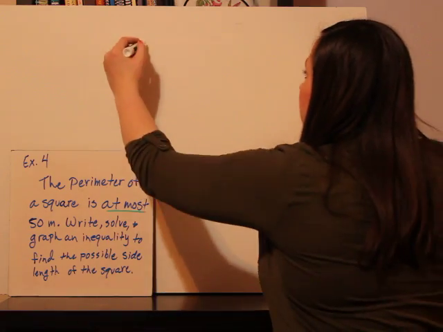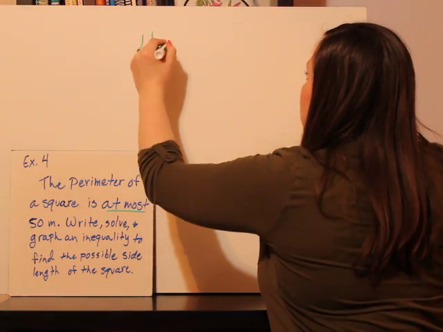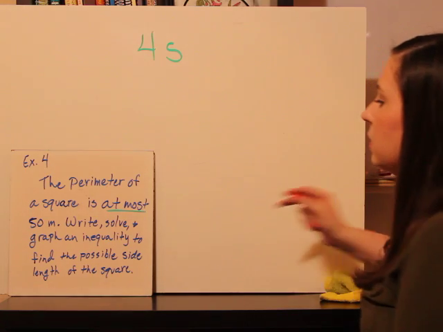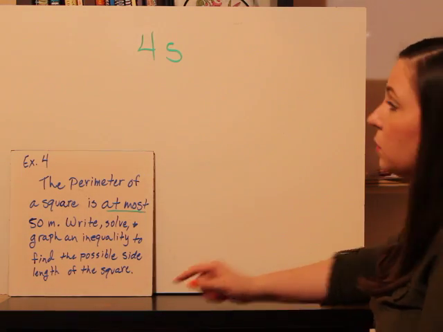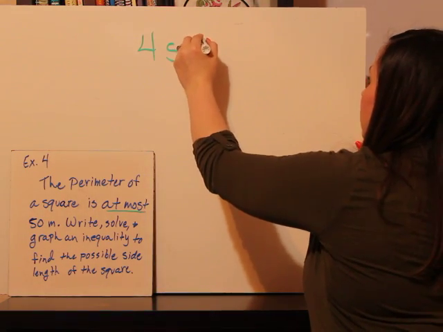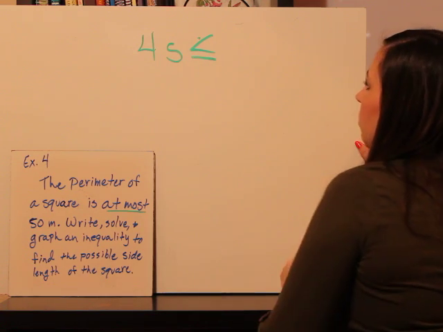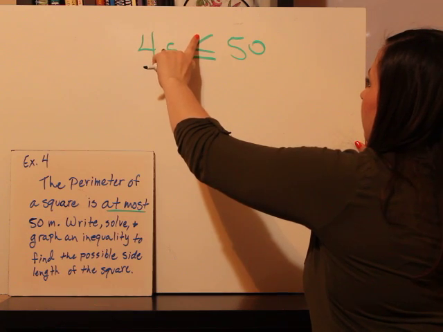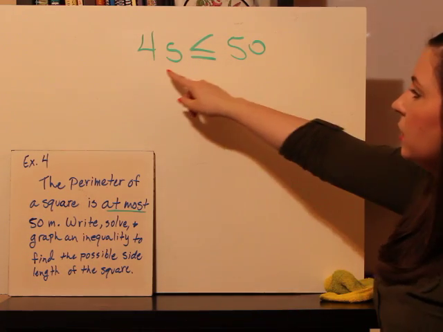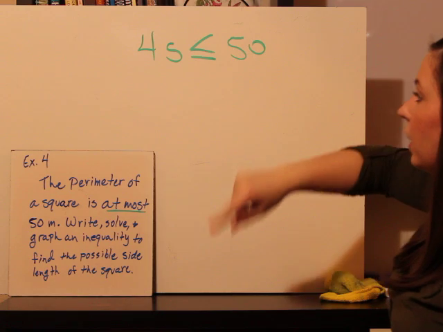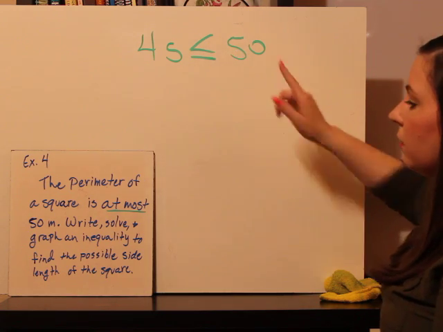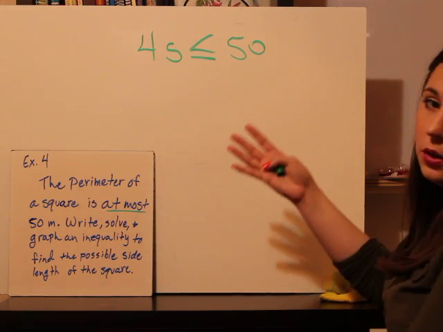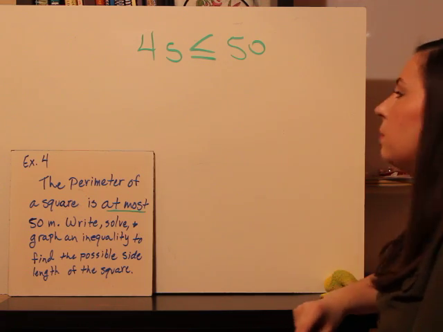So 4 times the side length is at most, well, at most means it's got to be less than or equal to 50, right? So the 4 sides together, which is the perimeter of our square, is less than or equal to 50 because it can't be any bigger than that. 50 is the maximum that it could be.